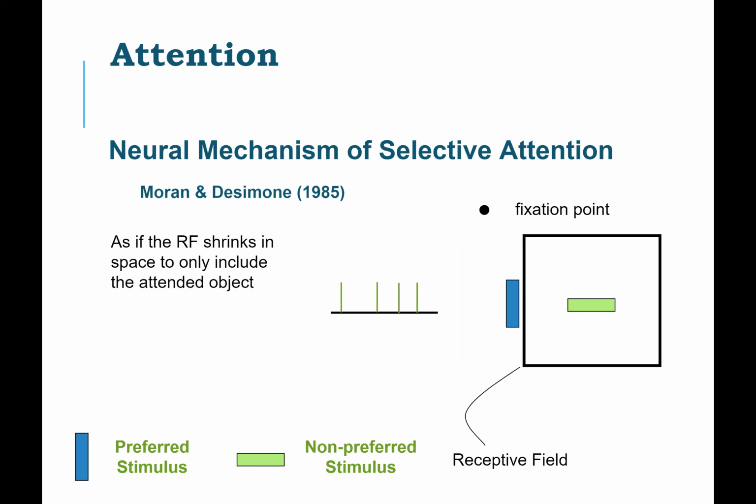As I said, it's an as-if statement. It's very dynamic, because in one moment, when there are two objects in the receptive field of a cell, you could attend to one object, and in another moment you could attend to the other object. So attention is dynamically modulating the response of the cell.